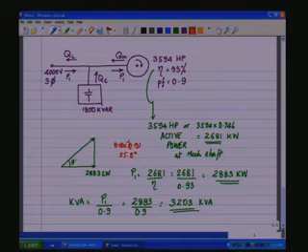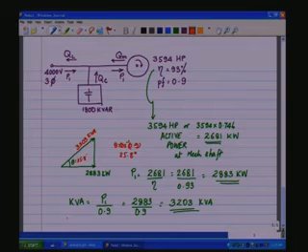So, we will say this is 25.8 degrees, and the kVA is 3203 kVA. So, what is the reactive component?